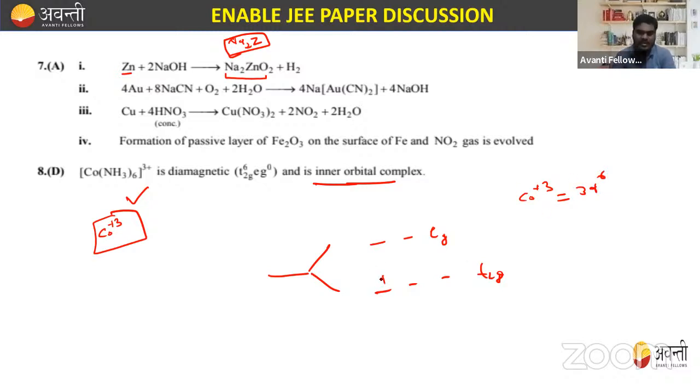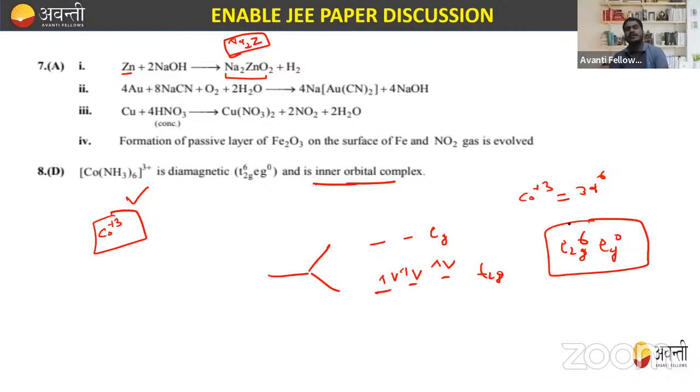So how will we write 3d6? 1, 2, 3, 4, 5, and 6. So the electronic configuration becomes t2g6 and eg0. This is how we can write the electronic configuration. Is it clear to you? Any doubt, beta? No? Is it clear?